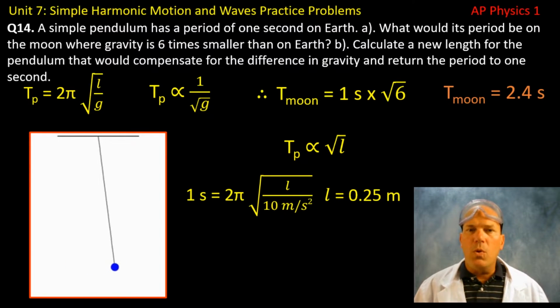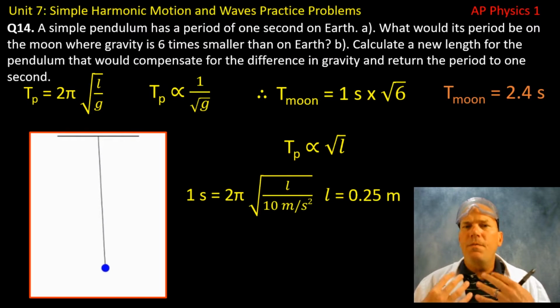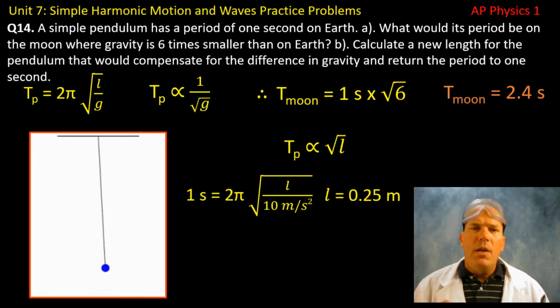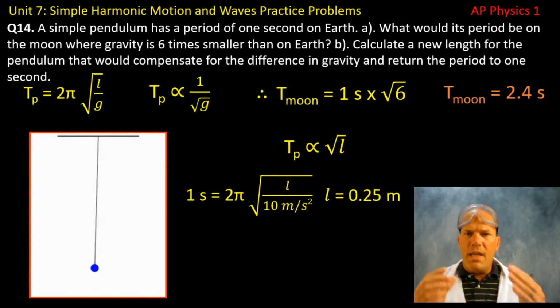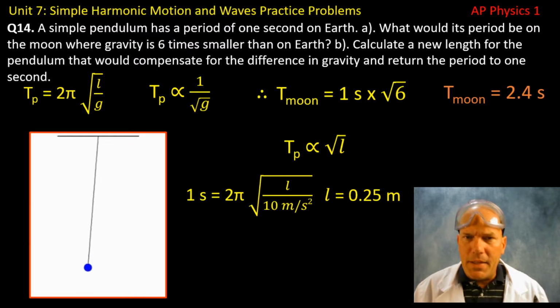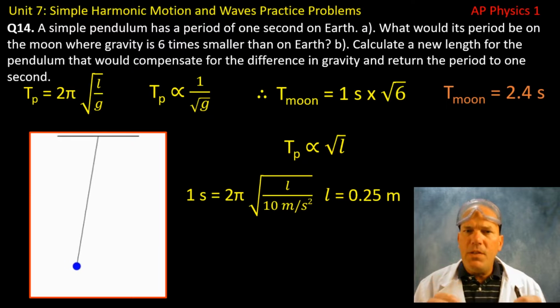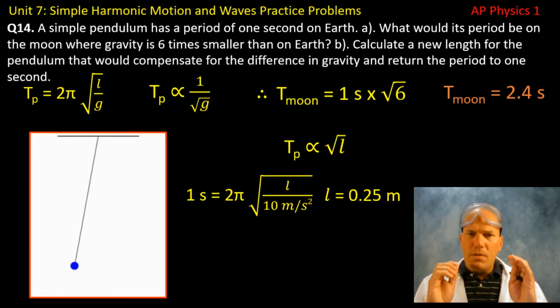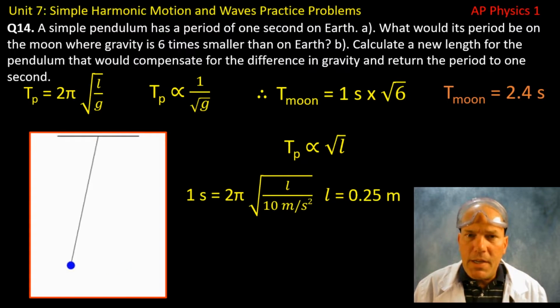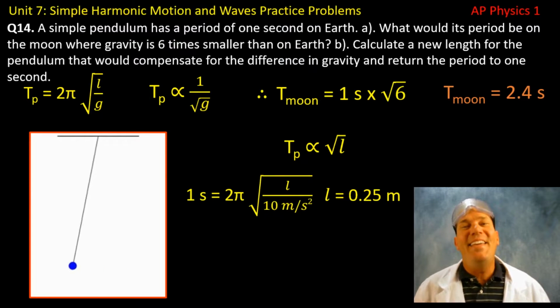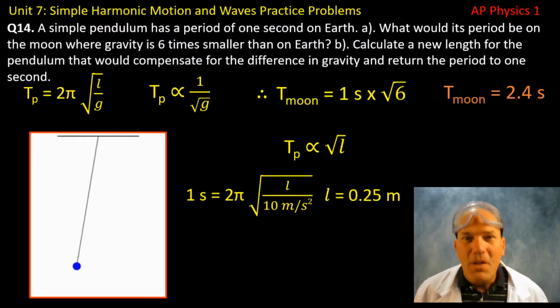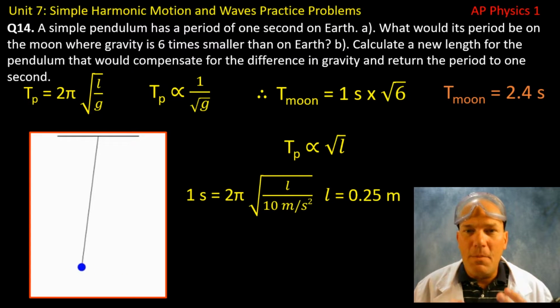Now, in order to finalize this problem, we know we're going to get a smaller length, and that smaller length will result in a decreased period and increased frequency, which will compensate for the decreased value for gravity on the moon.